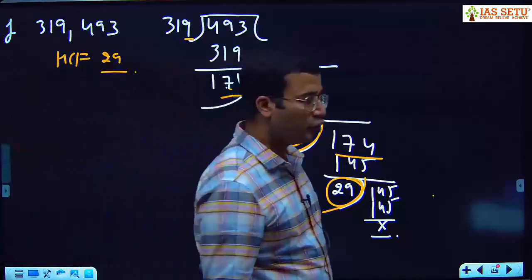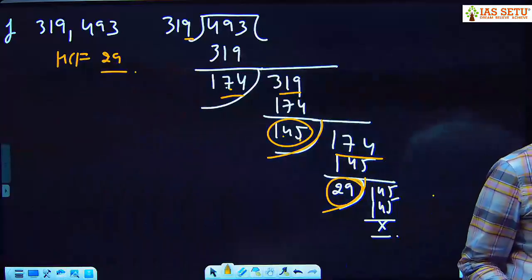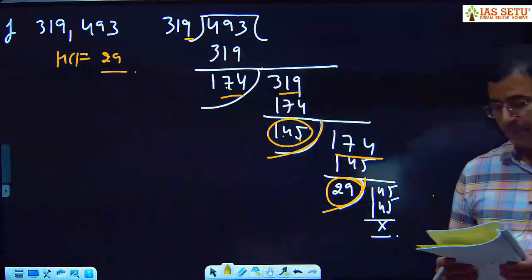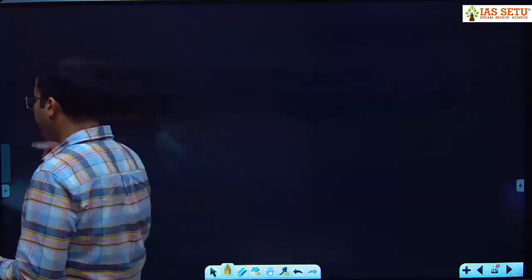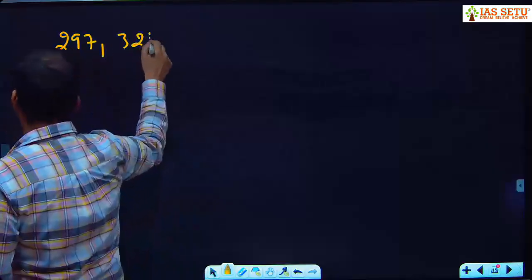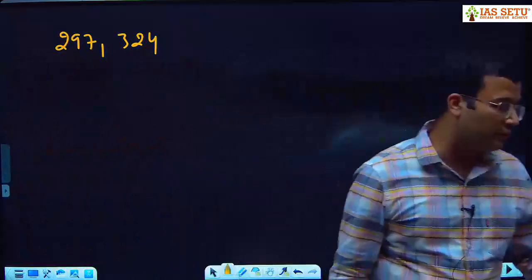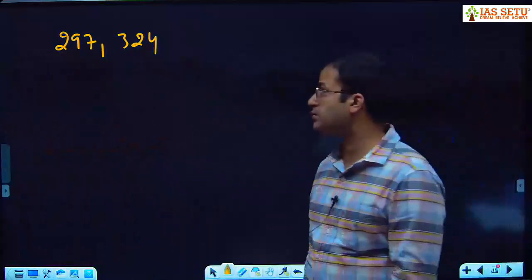Let me take one more question. Like here it is asked, what is the HCF of 297 and 324? So as per this method, we divide the larger number by the smaller.